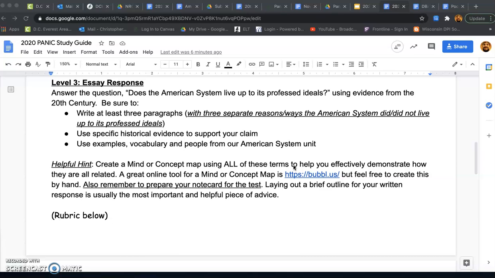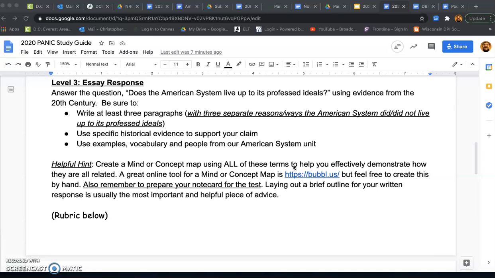You could focus on 3 of the ideals themselves and say paragraph 1 is about how maybe we didn't live up to equality, or how we did live up to equality, providing specific evidence and details from either the 20s and 30s or from any time in the 20th century to answer that. And then do another ideal in paragraph 2. Maybe it's freedom and how we did or did not live up to that ideal.